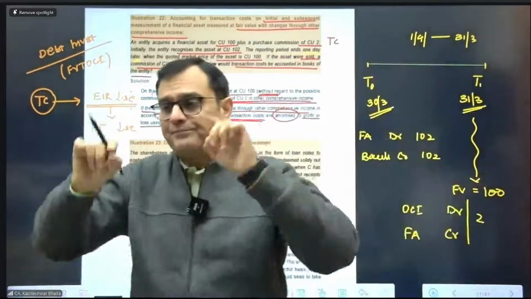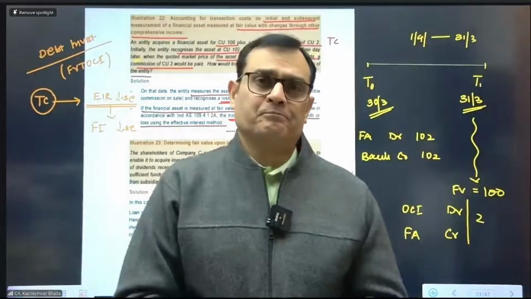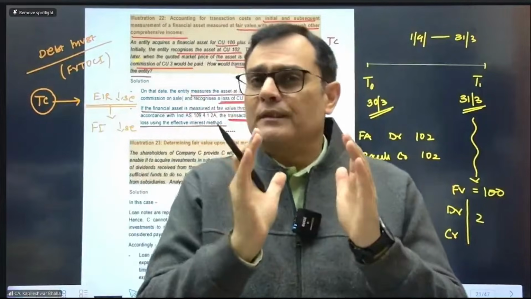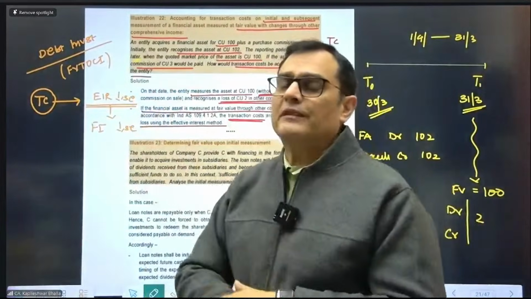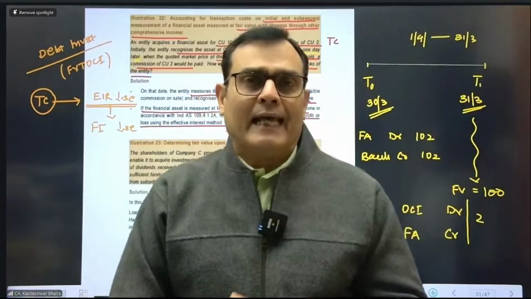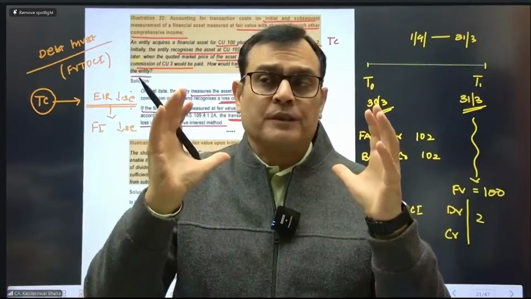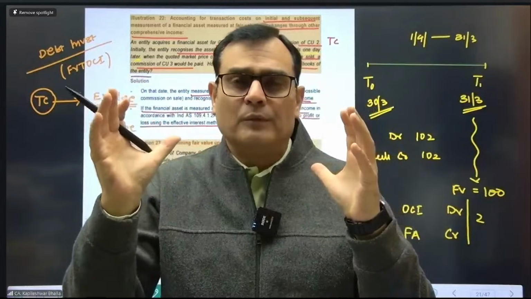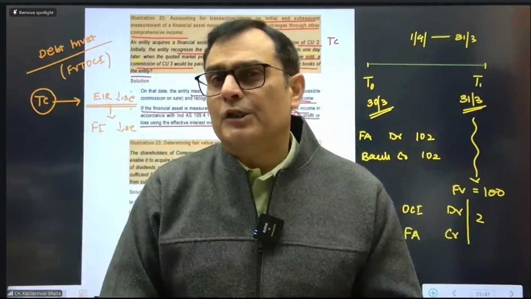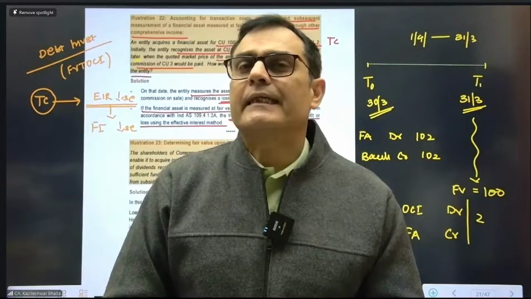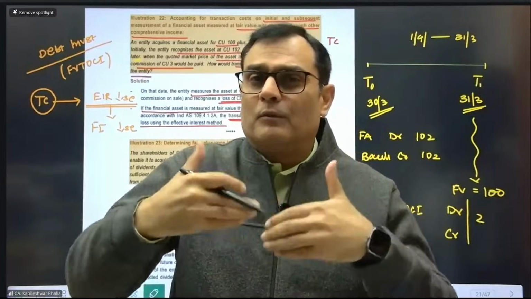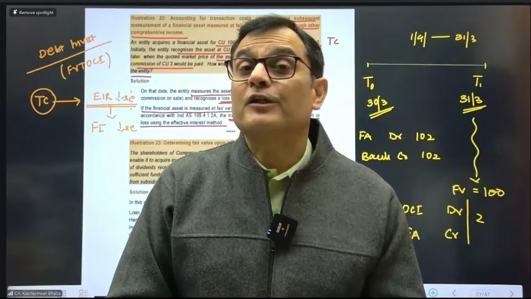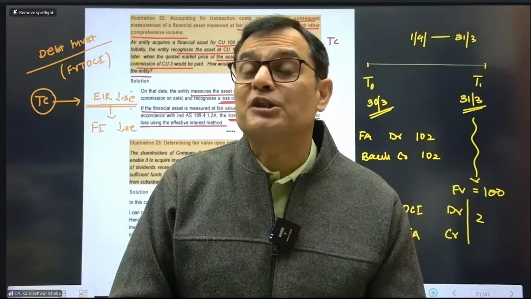Let me put this again. When you consider a TC, the TC is going to reduce the effective interest rate, and because of that reduction, the interest income will go down. So indirectly, your TC is getting amortized by way of reduced finance income each year.